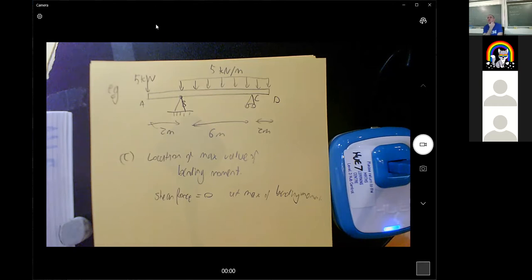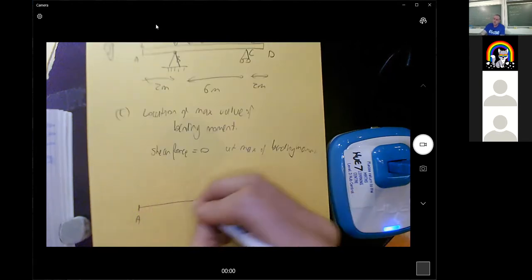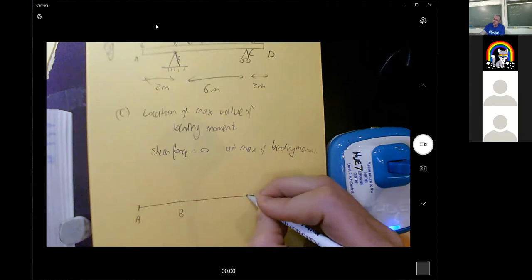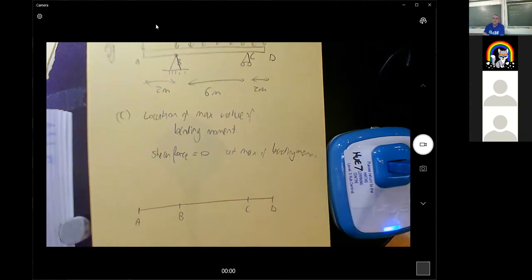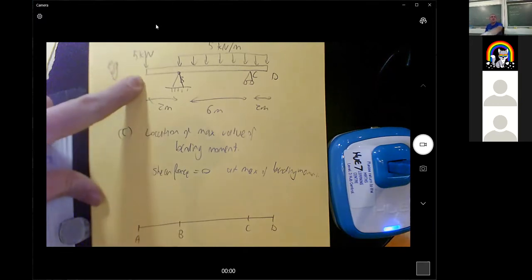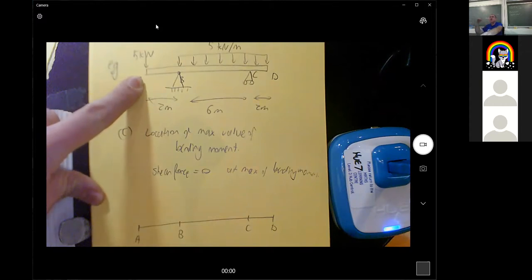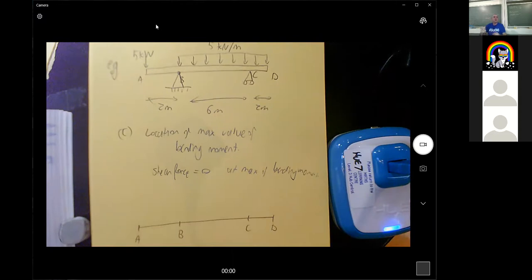So there's this magical shear force diagram, right? Here's A, here's B, here's C, and here's D. And then you just follow the forces in the direction that they're pointing. We follow this down 5, and then the shear force has to go the other way. Or do I do it up? I can never remember which way around it is.